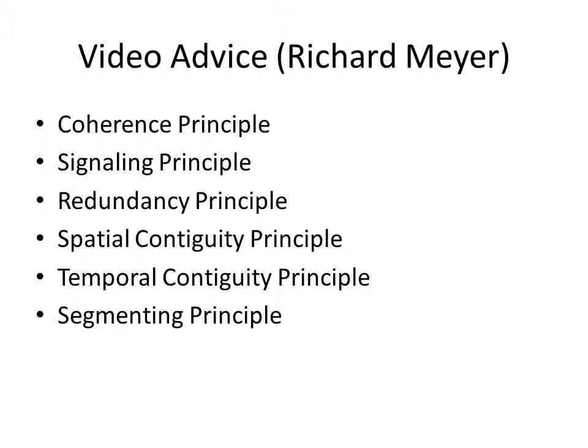Redundancy principle is that it's not good to have both text on the screen and voice saying the same text. You might think that this double presentation is beneficial, but it's actually not. He doesn't see it as such.